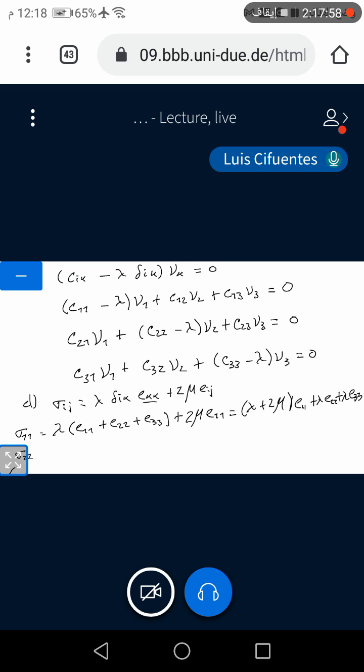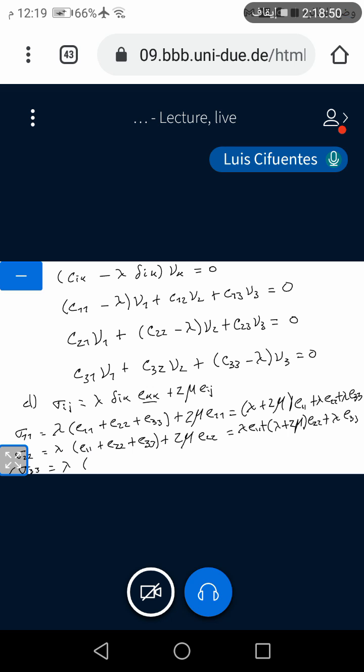So sigma 22, I'm just going to do the same. Lambda e11 plus lambda plus 2 nu e22, plus lambda e33. Let's do the same for sigma 33.